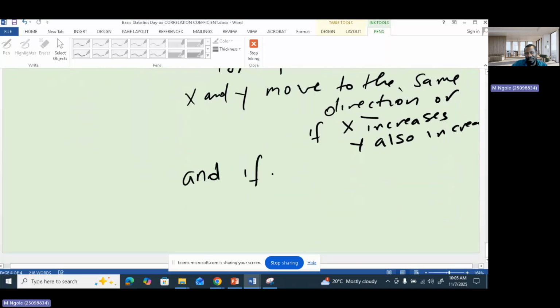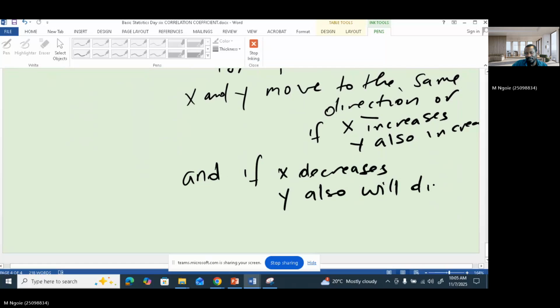And if x decreases, y also will decrease.